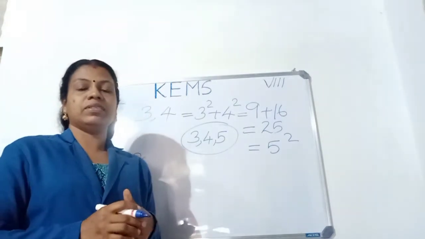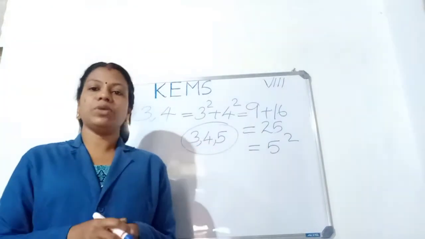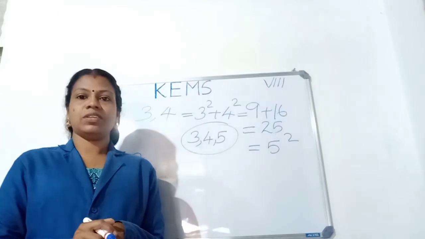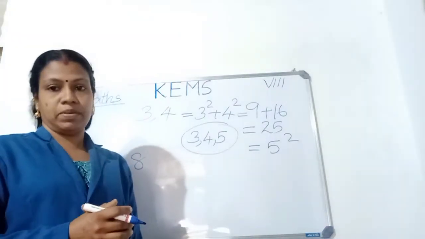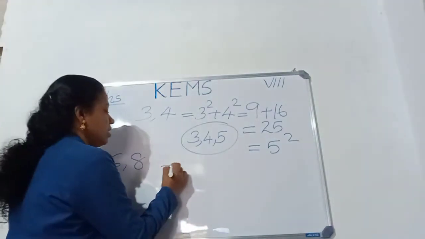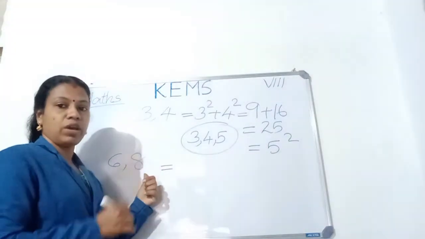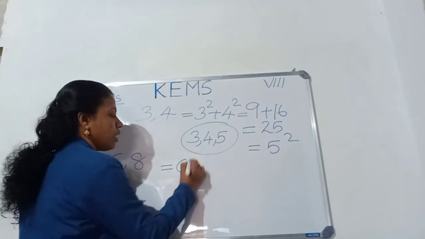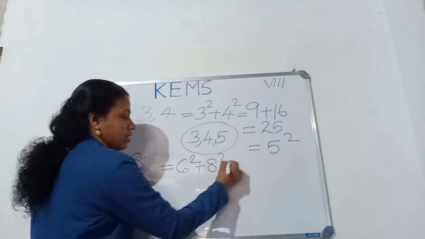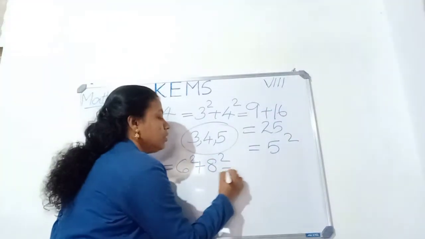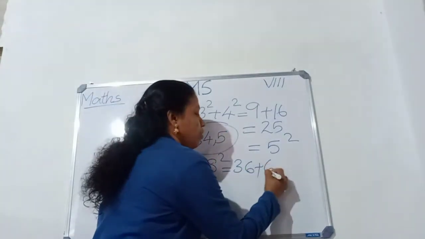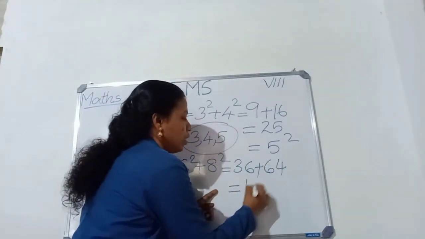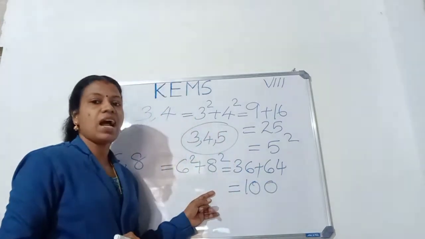Using these numbers, make a Pythagorean triplet. So first find the sum of the squares of these numbers. 6 square plus 8 square. 6 square is equal to 36 and 8 square is equal to 64, and their sum is equal to 100. What is 100?